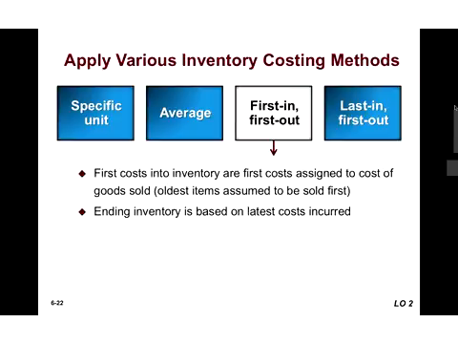FIFO is the first units into inventory are the first units assigned to the cost of goods sold. So we assume that our oldest units are sold first. Ending inventory is based on the newest units.